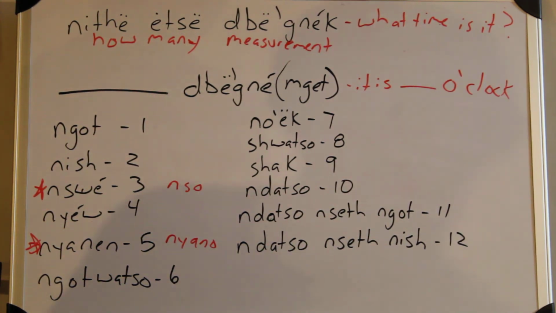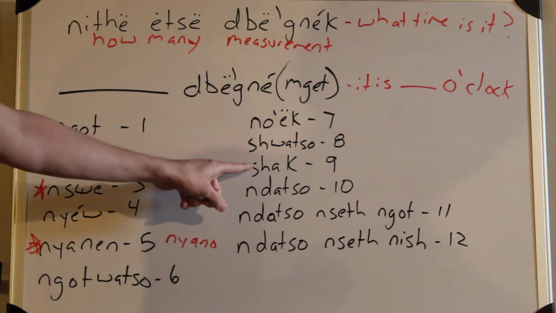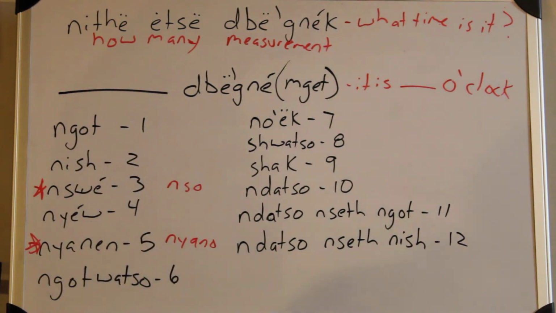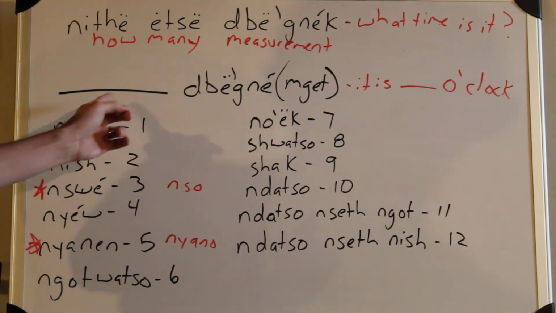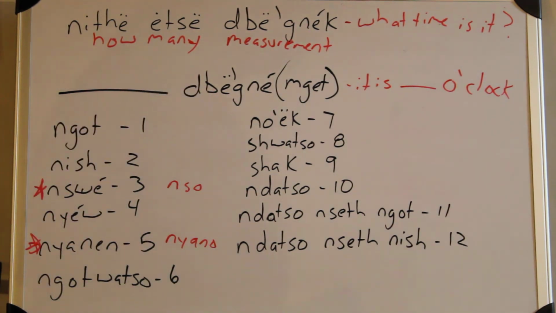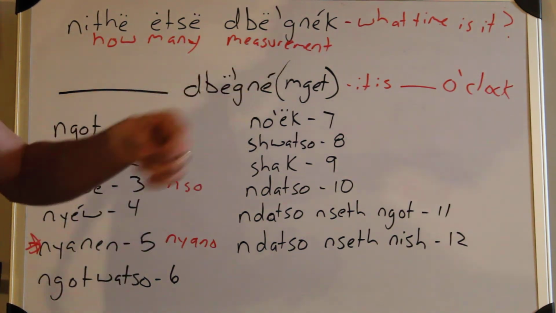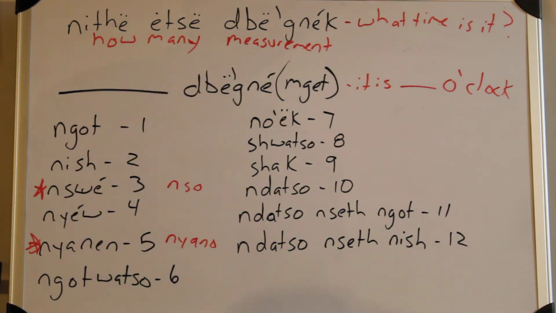Shwatso debuganak. 9 is shock debuganak. It is 9 o'clock. Shock debuganak. 10, ndatso. You might also hear datso. Ndatso, 10. Ndatso debuganak. It is 10 o'clock. Datso debuganak.